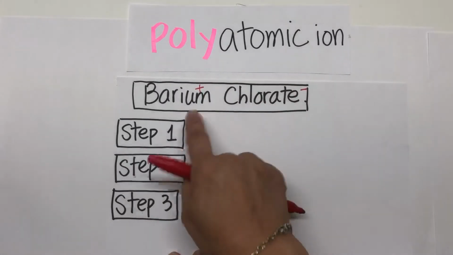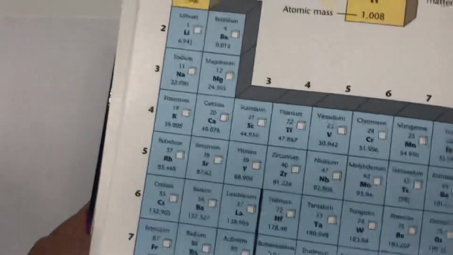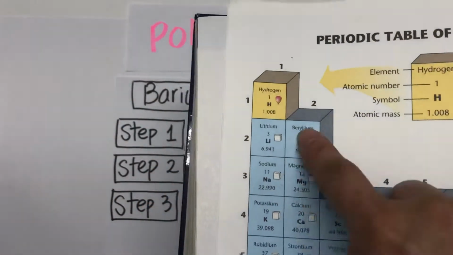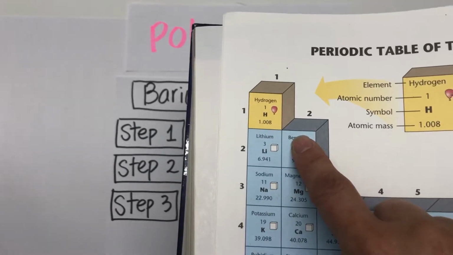All right, so barium, I know it by heart, but where is that in the periodic table? You need to look for it. Barium is right here, which is the second group, and it has an oxidation number of +2.